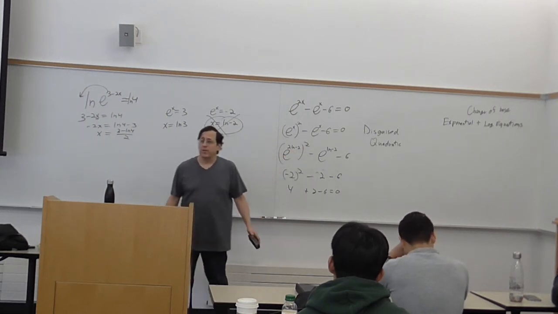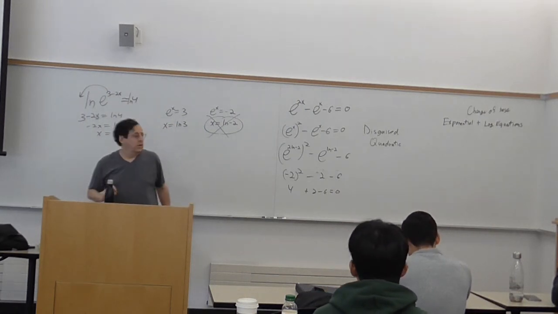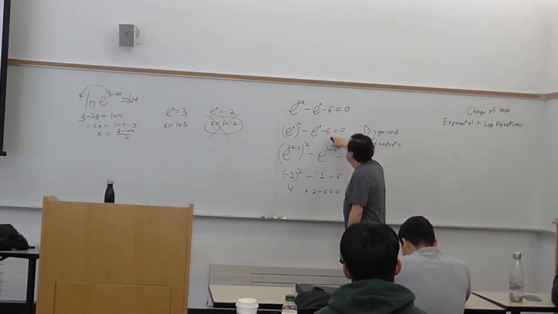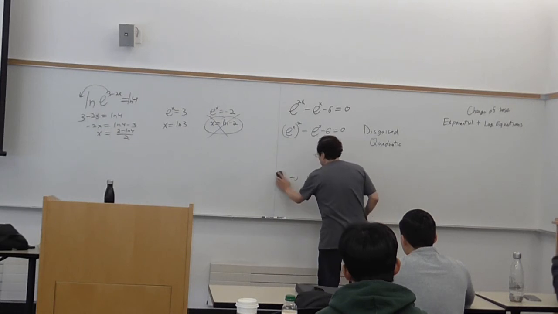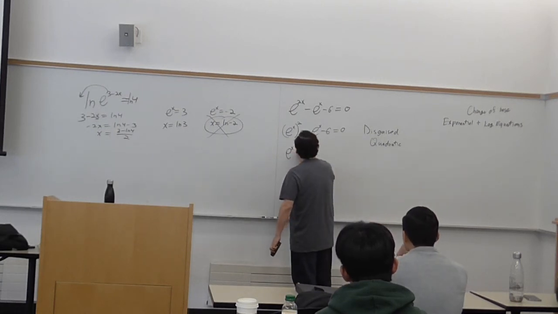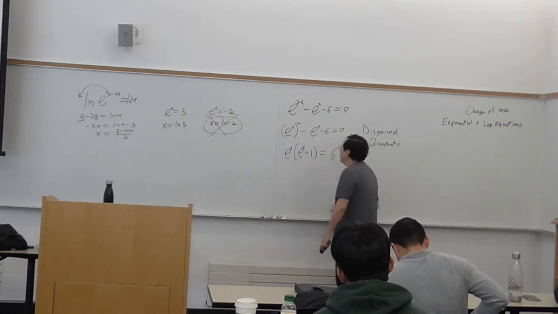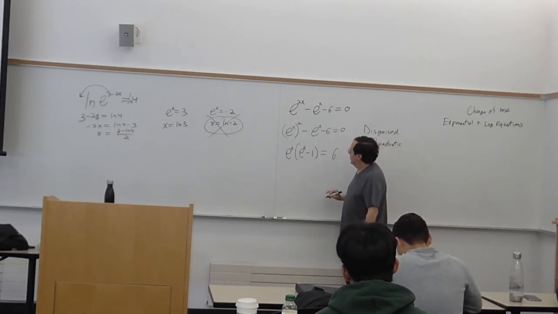Aren't you able to take the main equation and put the minus e to the x minus 6 on the right side and take the ln of both sides? So you want to say e to the x times e to the x minus 1 equals 6. I think that's what you want to do. Yeah, we can do that too.